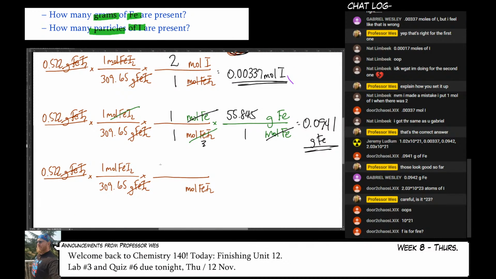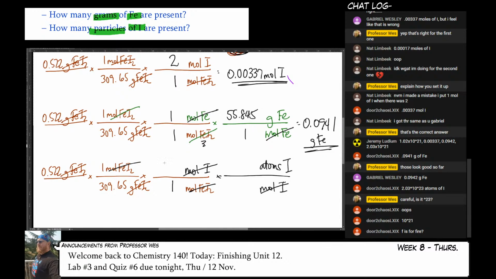Oops. Since I want iodine, I'm going to turn it into moles of iodine. And then my moles of iodine can become atoms of iodine. Technically, they're ions because this is an ionic compound, but we don't have to be that specific.